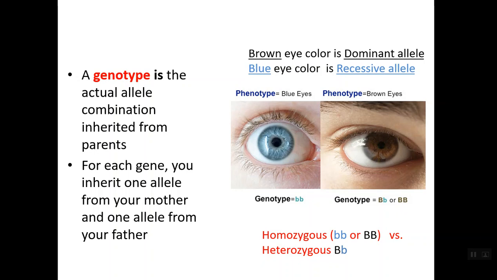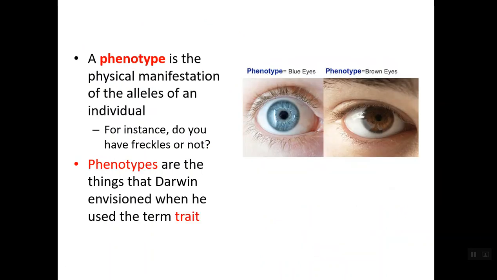All right, so all these definitions are very important, okay? Genotype, phenotype, homozygous, heterozygous, gene, and allele, okay? You need to know them all. And remember, a phenotype is a physical manifestation of the alleles of an individual, okay?